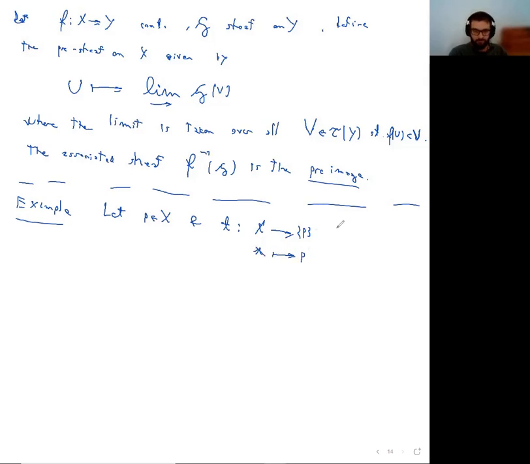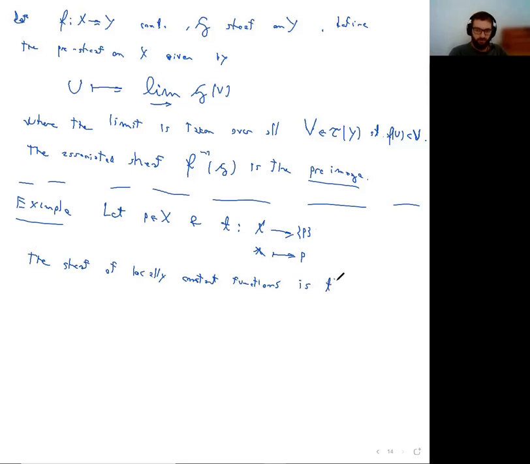And now the sheaf of locally constant functions. So just something we already saw.